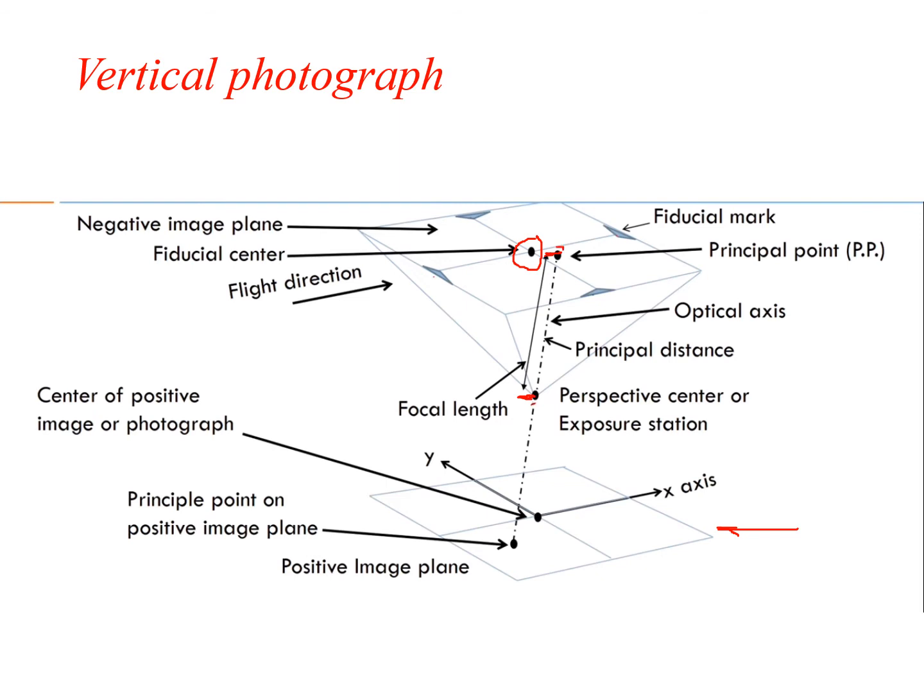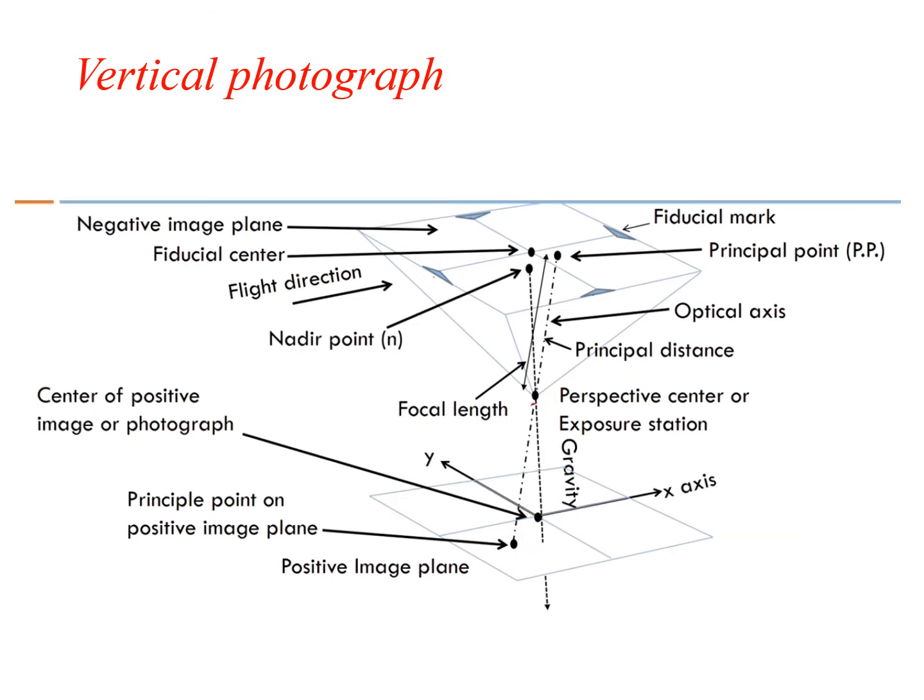Wherever you identify your principal point, the distance up to this point is the focal length. Now in the positive image plane, let us say this is your x-axis and this is your y-axis. If I project a ray passing through your exposure center onto the positive image plane, it will appear here. So you can see that this is actually an inverted image. That means it will appear on the opposite side. So this will be your principal point on the positive image plane.